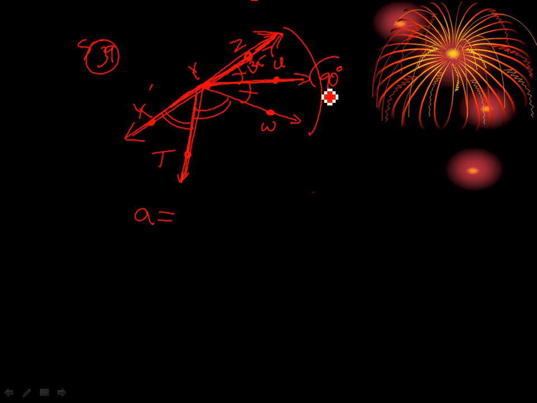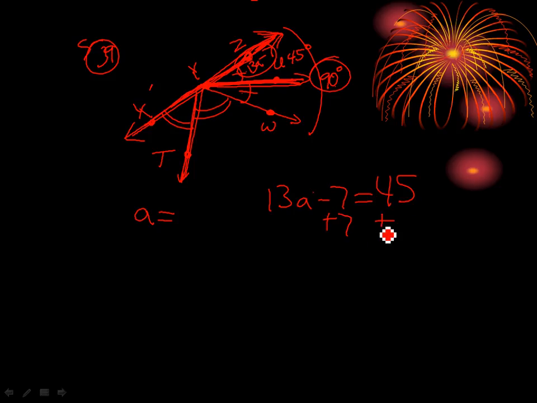Well, if this whole angle is 90 degrees, and we knew that this ray right here bisected the original angle, then these two are congruent to each other. If they're congruent and the whole thing's 90, then each one has to be 45. So this 13A minus 7 should equal 45 degrees.